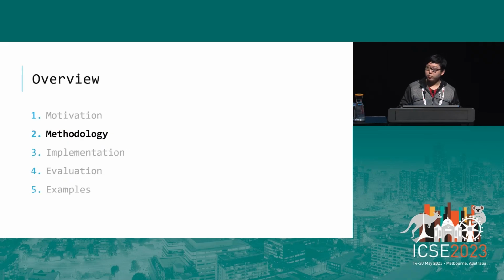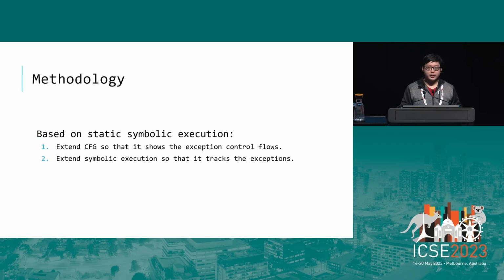What is our approach to detect such EH bugs? Our technique is based on static symbolic execution. First, we extend the CFG, the control flow graph, so that it can show the exception control flows.